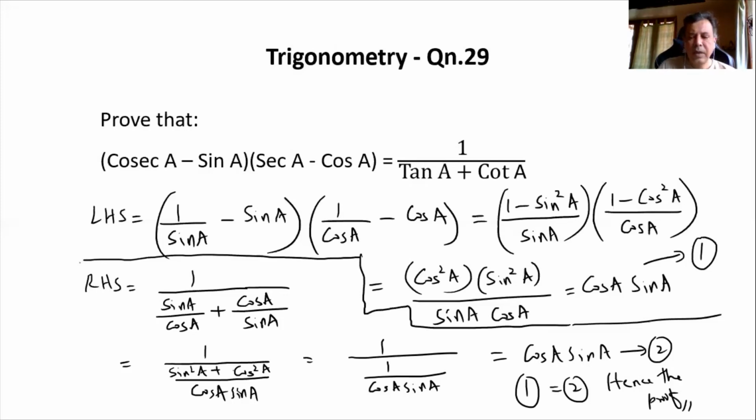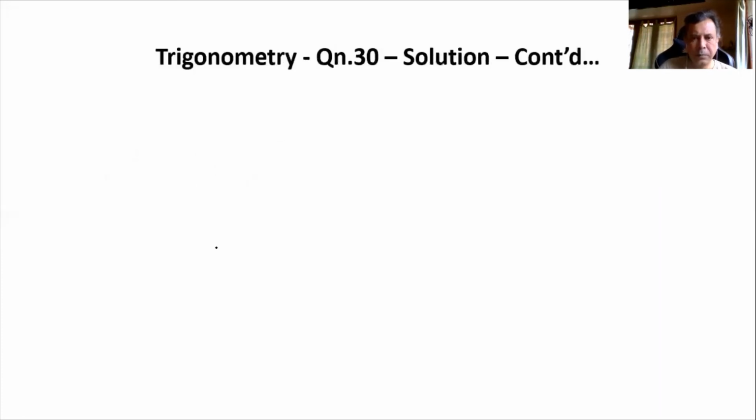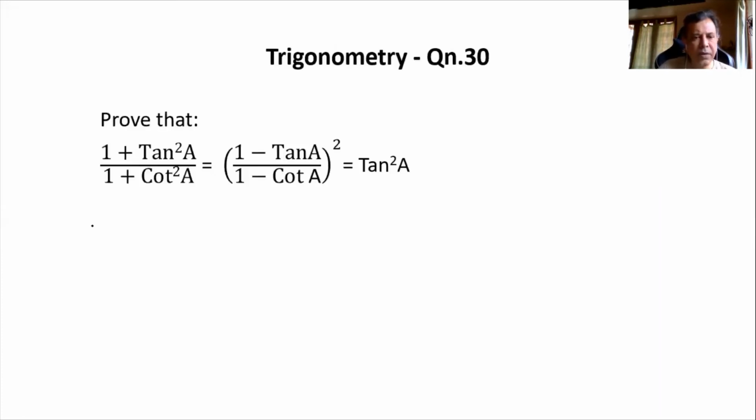Right. Let's move on. Start with left hand side. 1 plus tan square A. I can write that straight away using the second trigonometric identity as secant square A, the numerator.